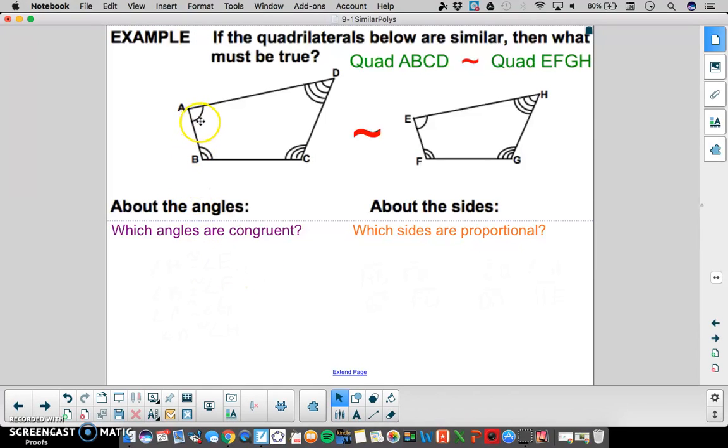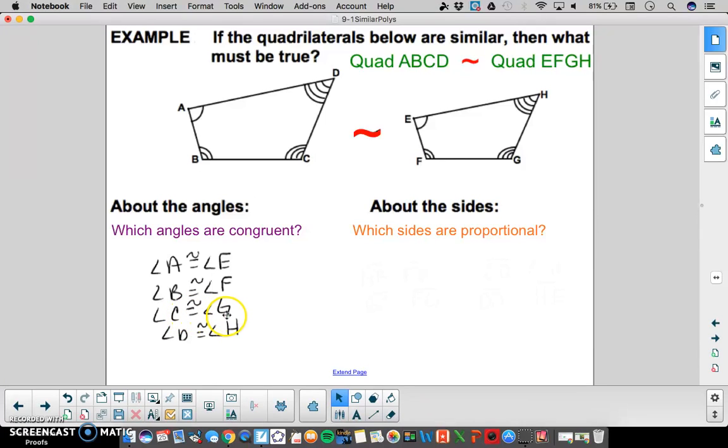So angle A would be congruent to angle E. Angle B would be congruent to angle F. Angle C would be congruent to angle G. And angle D would be congruent to angle H. The sides that are proportional: AB matches with EF. Notice that one has one curve and two curves here.